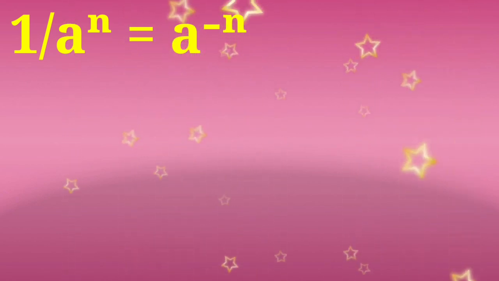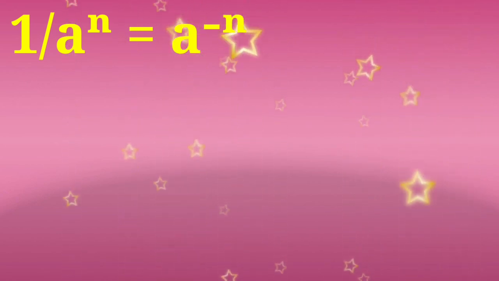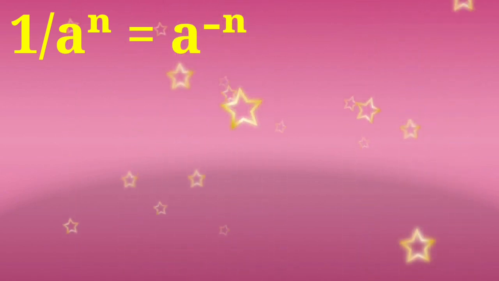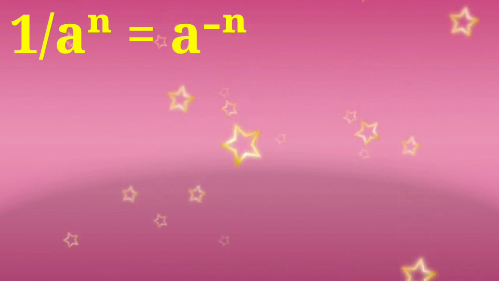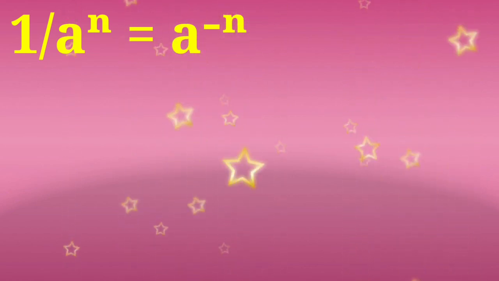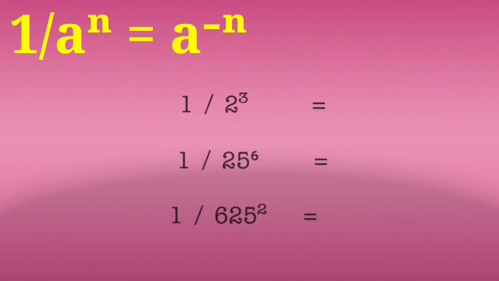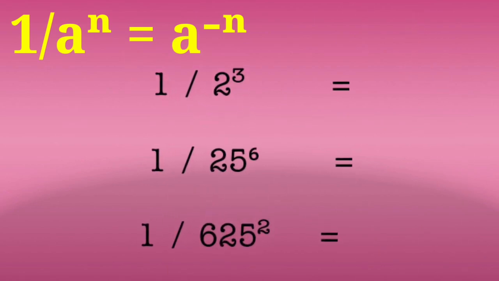If our base and exponent are in the denominator, we can move it to the numerator. Then what will happen? The sign of the power or exponent will change. Plus becomes minus, minus becomes plus.